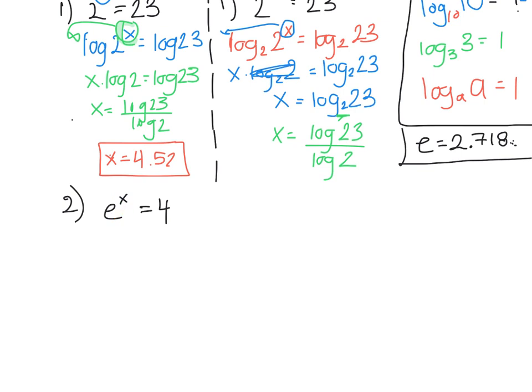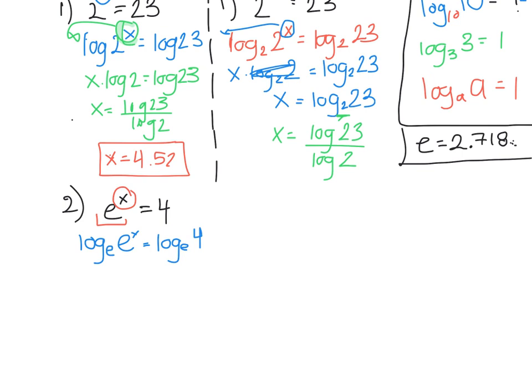So we are going to apply what we just saw in the problem above. If I have a base of e, then I can undo that. In wanting to solve for x, I can undo that by applying log base e of e to the x, and as long as I do that to the other side, log base e of 4.